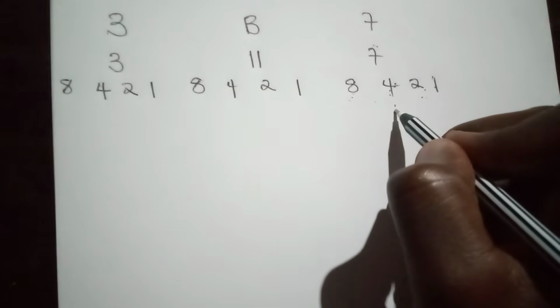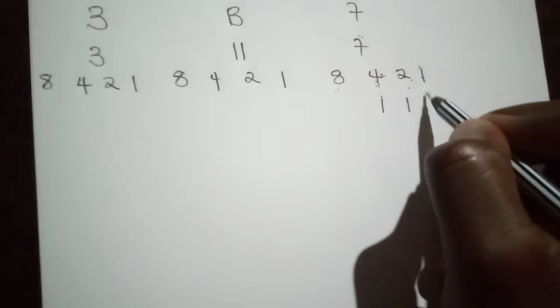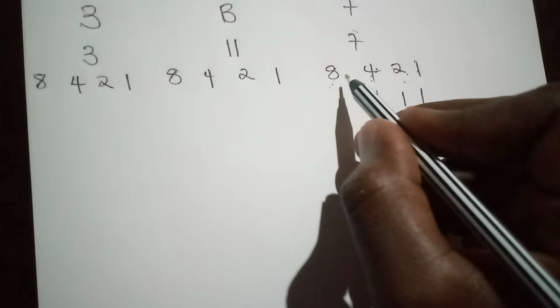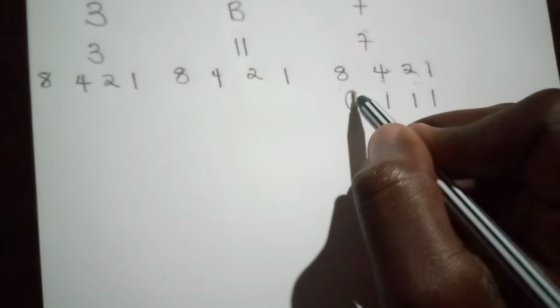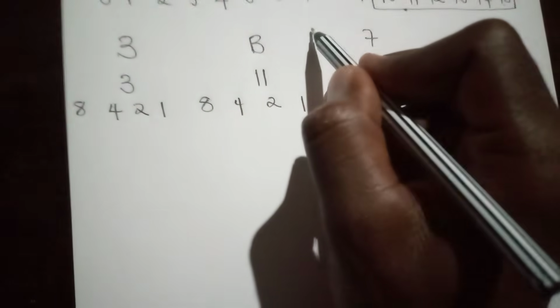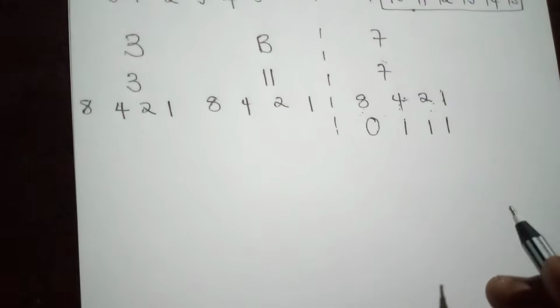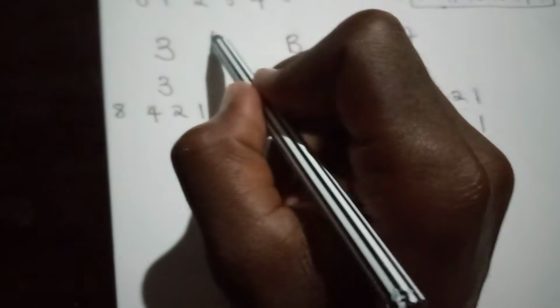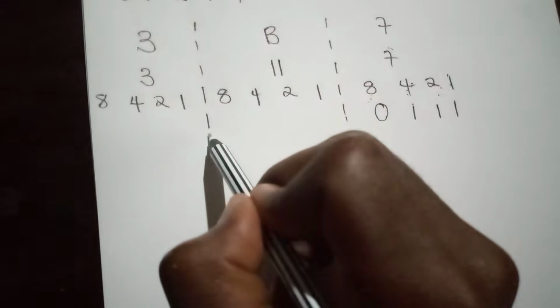So I'm going to put 1 there, also 1 there, also 1 there. And since this 8 is left out, I'm going to replace it by 0. If you want, you can even draw a dotted line just to separate them so that you won't get confused at the end of the day.